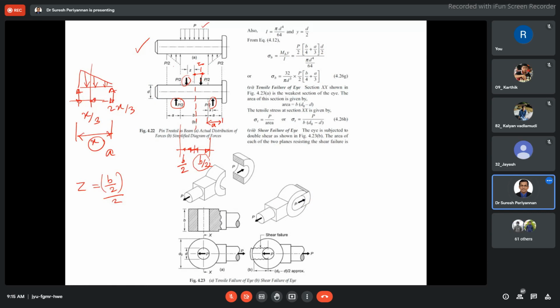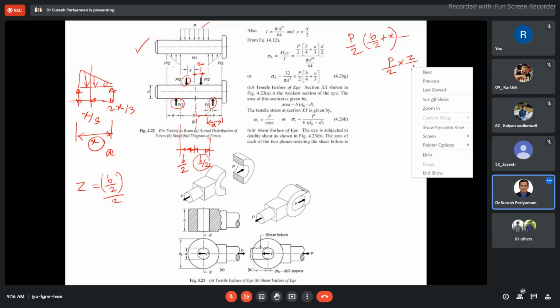Now, see here, taking bending moment with respect to the center. What is the bending moment here? P by 2 into B by 2 plus X, because the support is here, B by 2 plus X distance, into minus, this is a downward force, minus P by 2 into Z. Sorry, Z, not Z by 2.